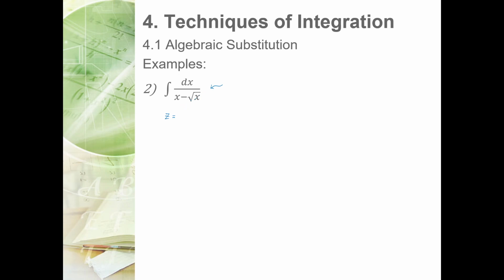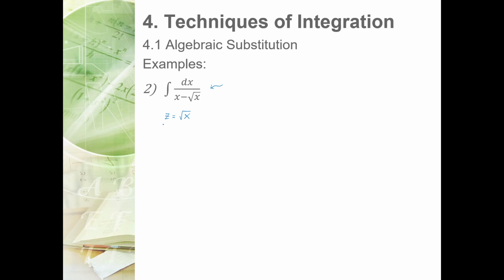We need to eliminate the complicated term, and that's the square root of x. Before deriving, we have an extra step along the process of your algebraic substitution. We need to eliminate the radical expression.